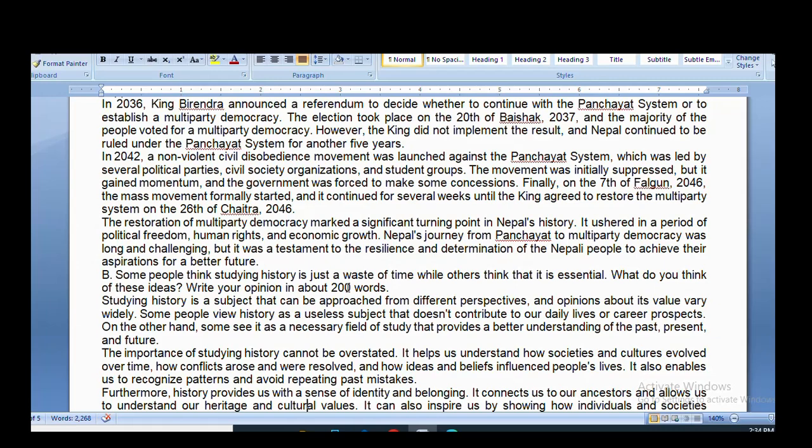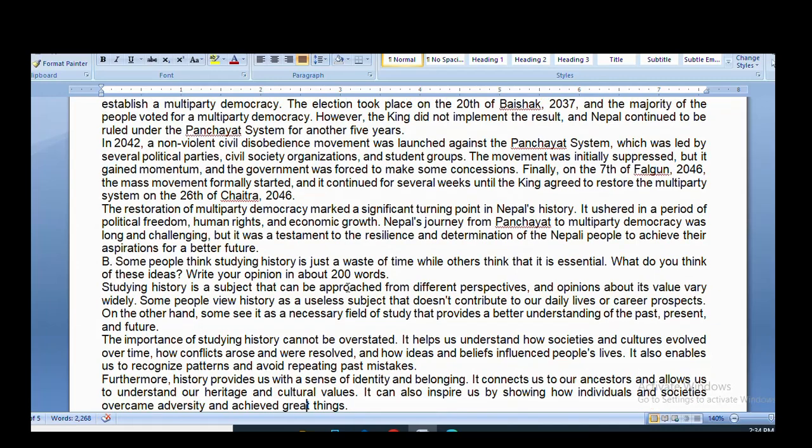The restoration of multi-party democracy marked a significant turning point in Nepal's history. It ushered in a period of political freedom, human rights, and economic growth. Nepal's journey from panchayat to multi-party democracy was long and challenging, but it was a testament to the resilience and determination of the Nepali people to achieve their aspirations for a better future.